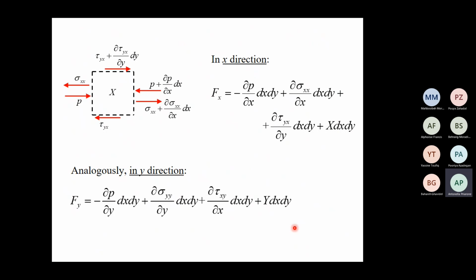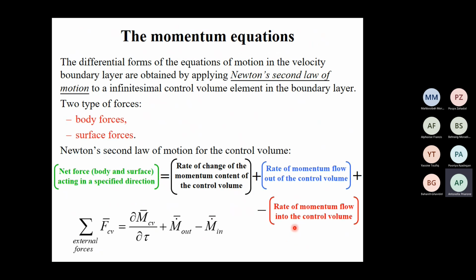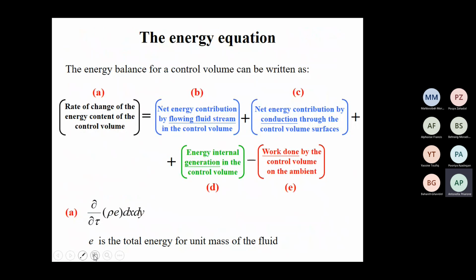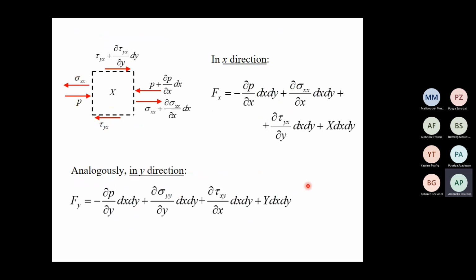But pay attention, because in the momentum equation, I have to consider, in that manner of writing the equation, the external forces acting on my control volume. In the energy equation, if I want to write on the second member this work, it is the work done by the control volume on the ambient. So the forces can be taken from this and from this, but with minus.